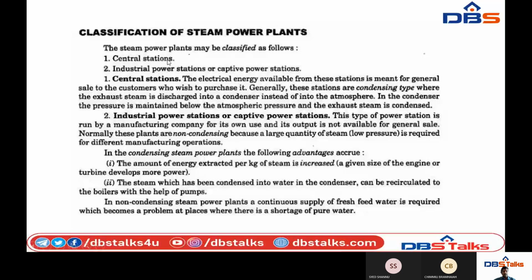Why do I say that the central station is a condensing type? Because in central stations, we are diverting the steam into the condenser instead of sending it to the atmosphere. In that condenser, the pressure is maintained below atmospheric pressure, and the exhaust steam is condensed.